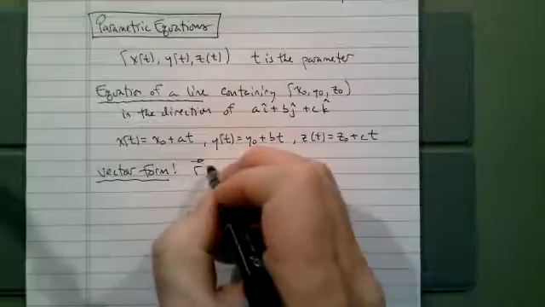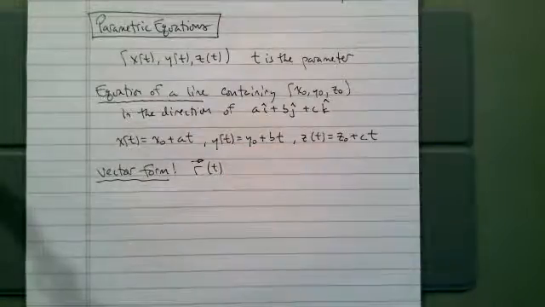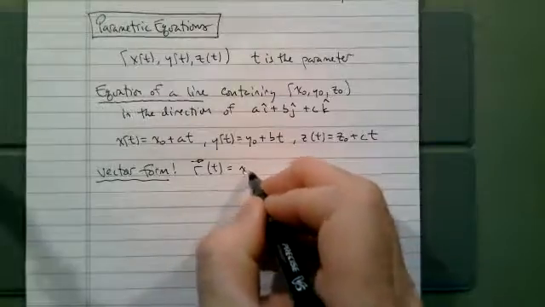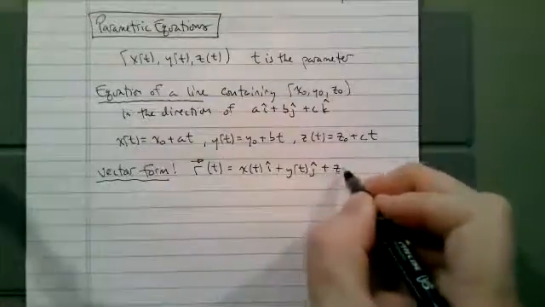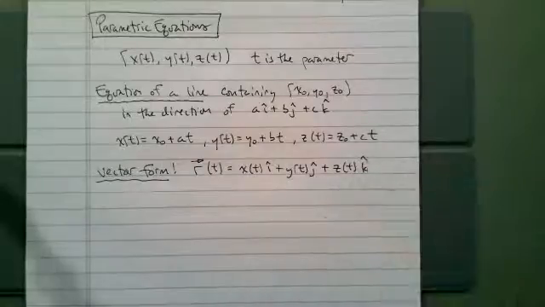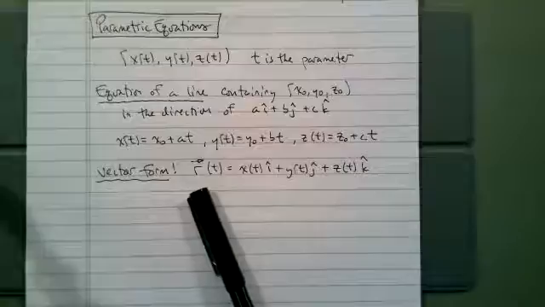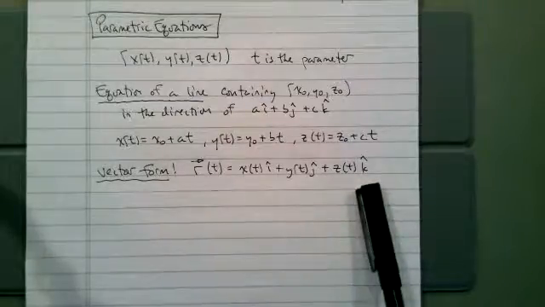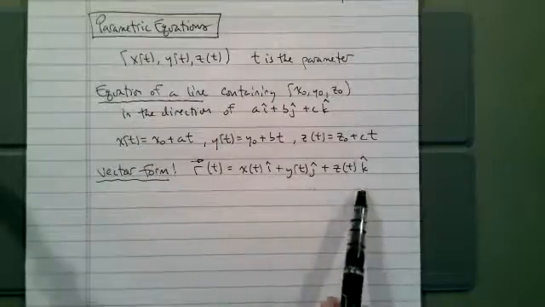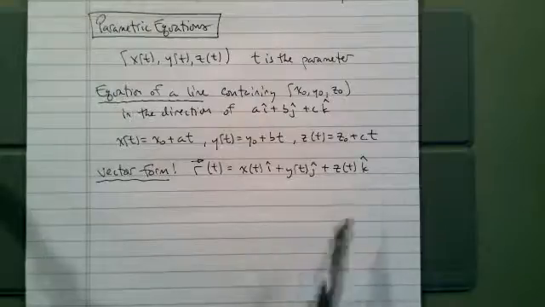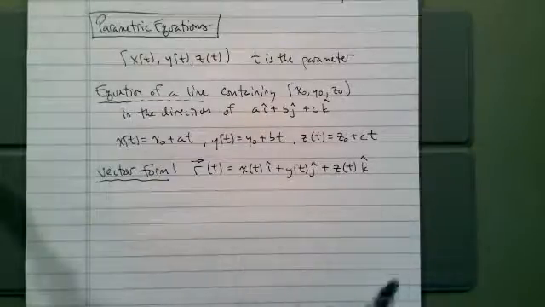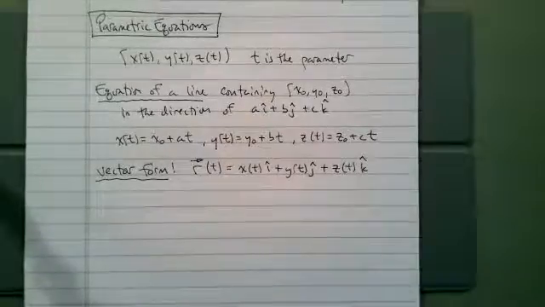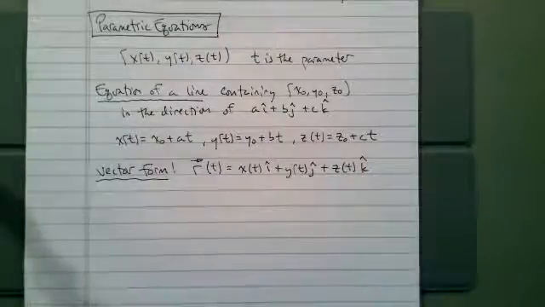So r of t is going to be a vector valued function. Vectors are a convenient way to gather up our three functions and separate them into our three different directions: the x direction, the y direction, and the z direction. This is why vectors are so great, because they summarize all this information, contain all three of these functions, and keep them separate. In an equation, all our variables are kind of crammed together. And in a function, one coordinate has to be written as a function of the other coordinates.